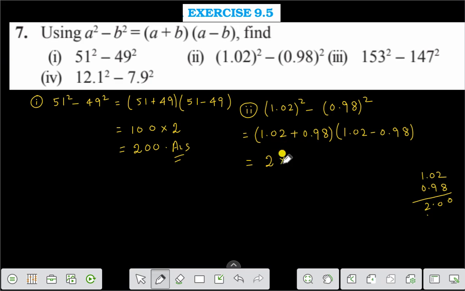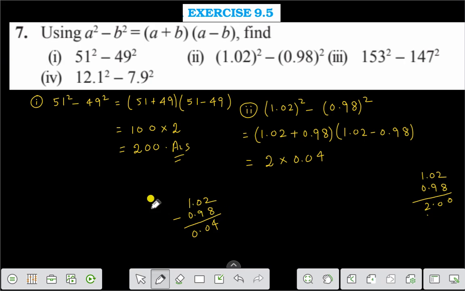Into, here we subtract, 1.02 minus 0.98. 8 plus 4 is 12, carry 1, and 1 makes 10, so we are getting 0.04. 2 into 0.04.